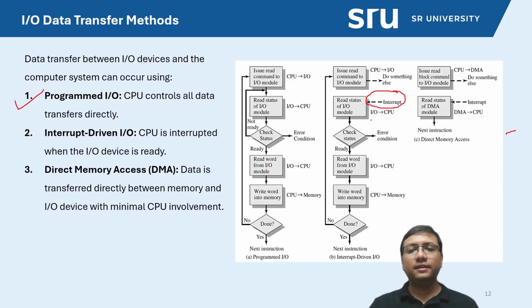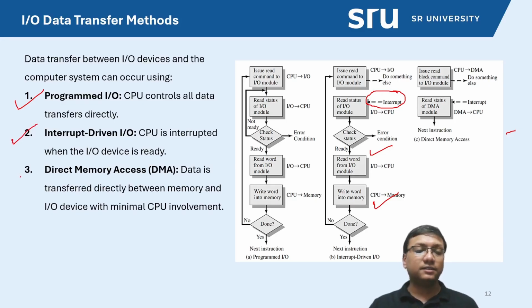Now when an IO device requests an interrupt, the CPU gives an acknowledgement, and if that device is ready, then the further communication takes place. So in this case, CPU is not all the time engaged. Whenever an IO device requests, the CPU handles that IO device accordingly.